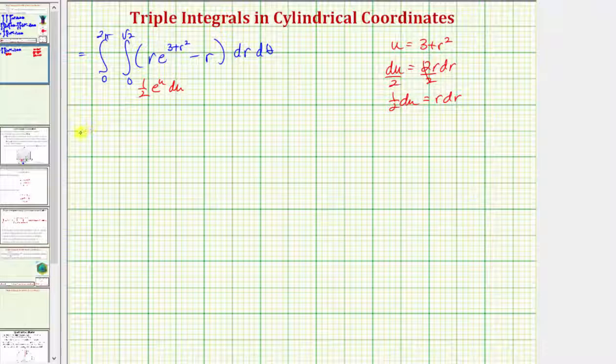So when we find the antiderivative of this first term, we're just going to have 1/2 times e raised to the power of 3 plus r squared, and then we have minus the antiderivative of r with respect to r, which is r squared divided by 2, or 1/2 r squared.